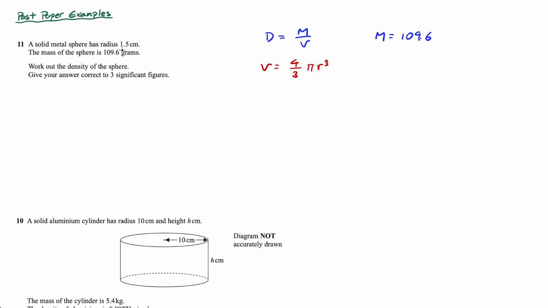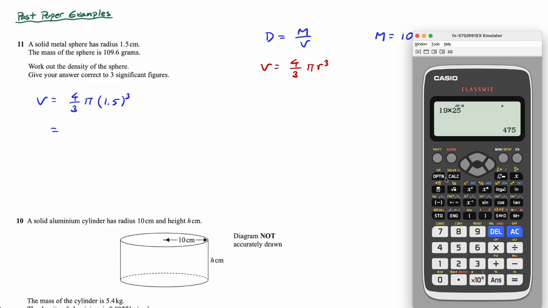So to get the volume of the sphere, I'll do 4 over 3 times pi times the radius cubed, which is 1.5 cubed, and I get 9 over 2 pi.